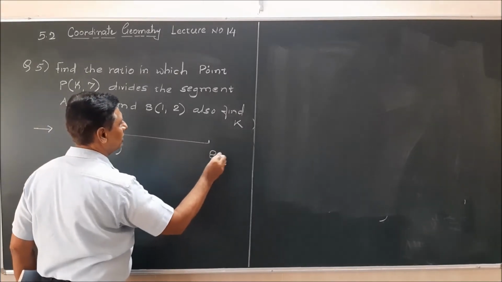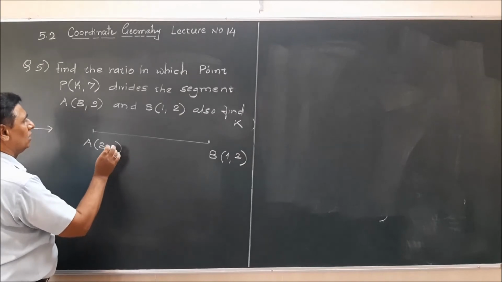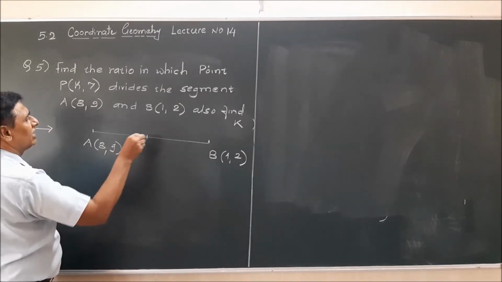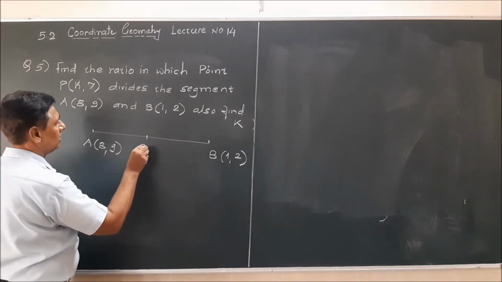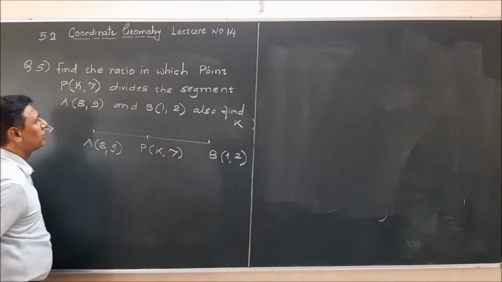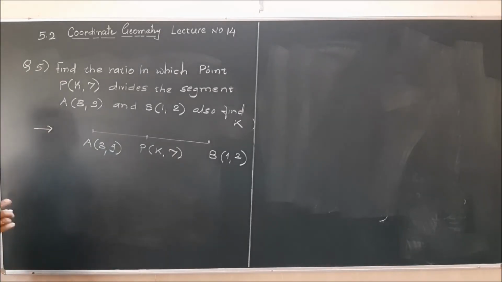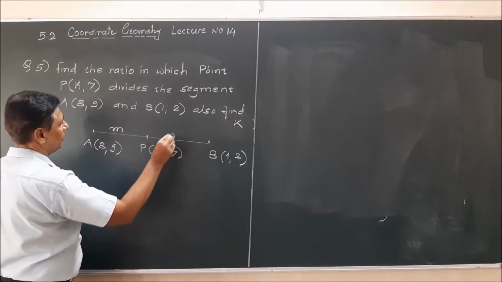B has the coordinates 1, 2. And you will find point P, k, 7. We have to find the value of the ratio.